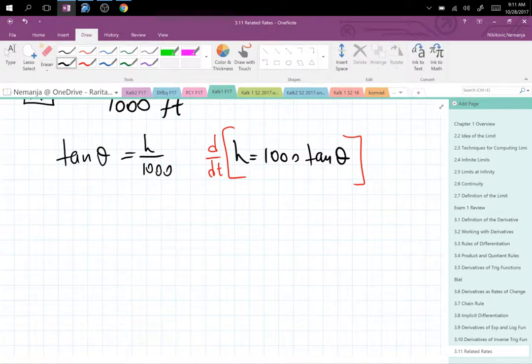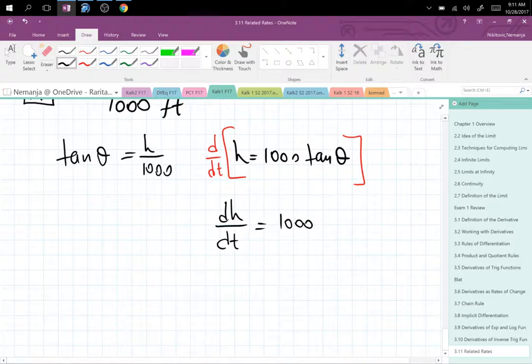When we differentiate with respect to time, we get dh dt is equal to 1,000 times the derivative of tangent theta. What's the derivative of tangent theta? Secant squared theta. And then follow with a chain d theta dt.